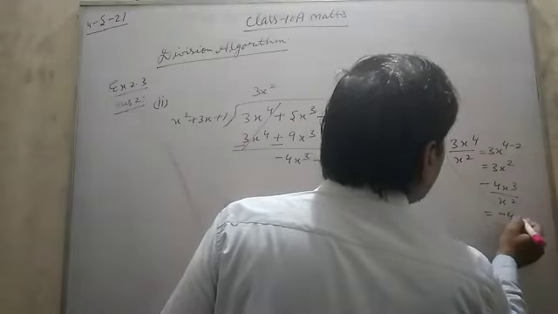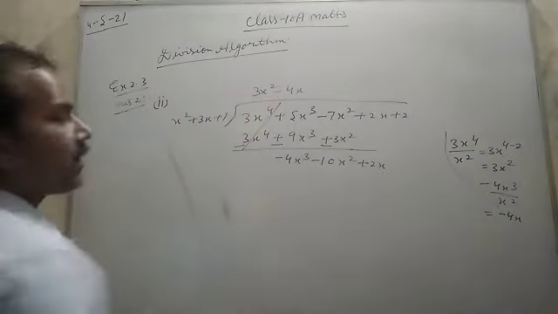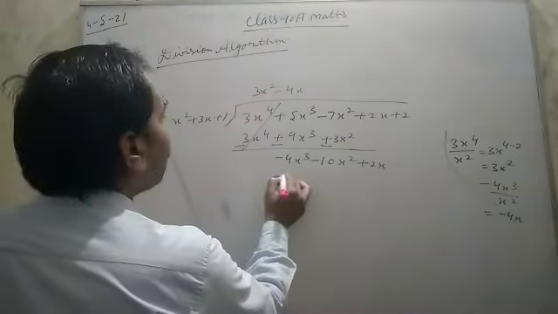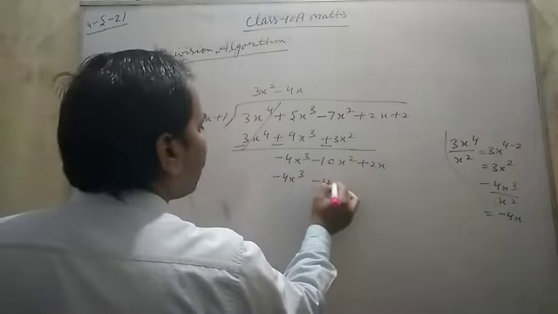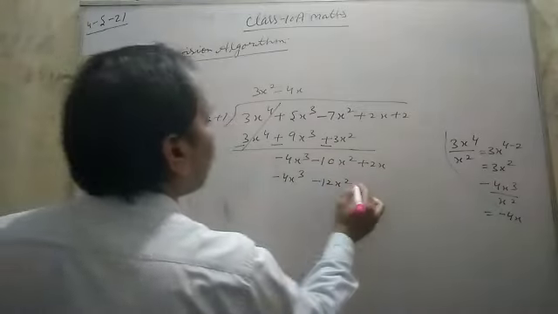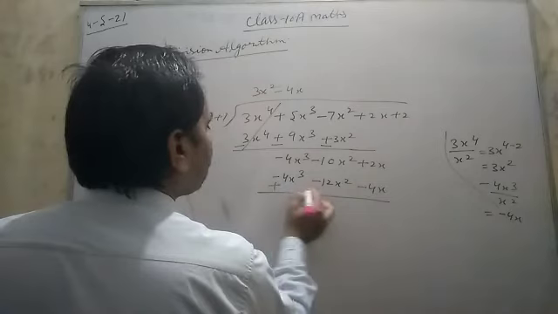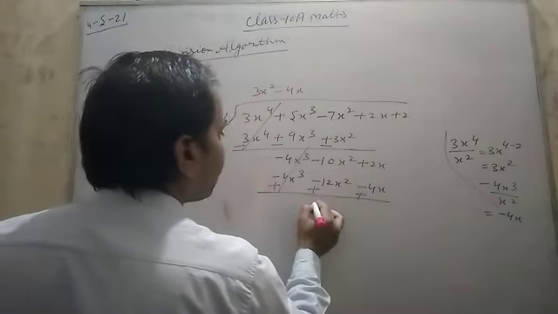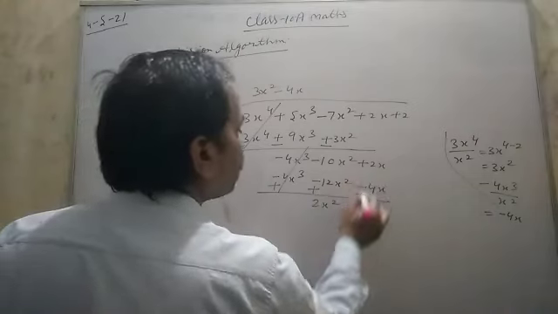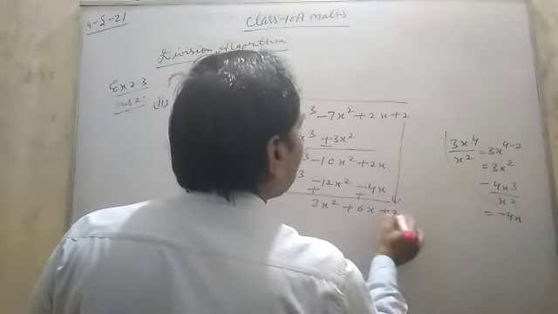So this will be minus 4x. So right here, then multiply in all terms of the divisor. So minus 4x cube minus 12x square minus 4x. So change their sign. Cancel. Minus 10 plus 12 is 2, plus 2 plus 4 is 6, and then plus 2 also.